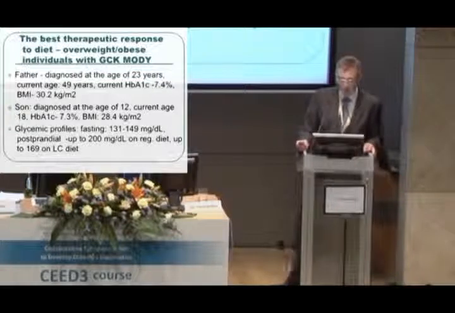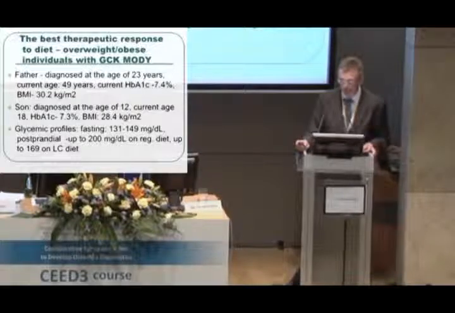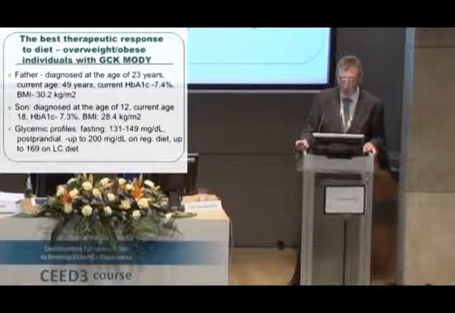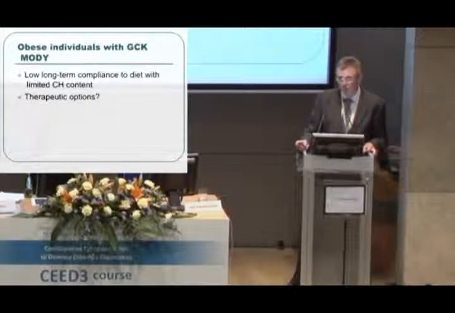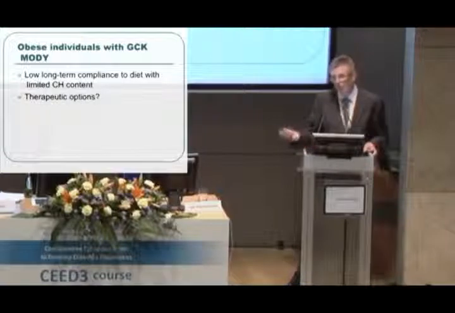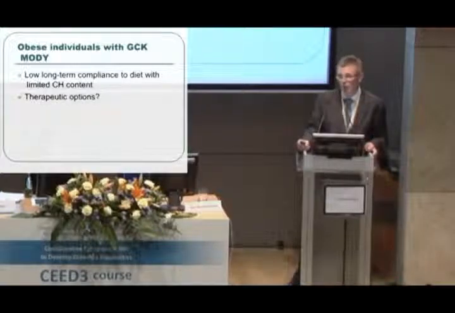As far as glycemic profiles are concerned, the fasting glycemia ranged between 131 and 149. Now, the postprandial glycemia was up to 200 milligrams per deciliter on regular diet and up to 169 on low-carb diet. Unfortunately, the long-term compliance to both low-carb diet and calorie-restricted diet was very low.